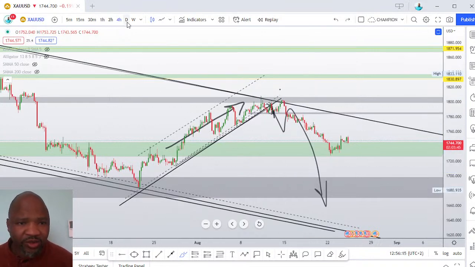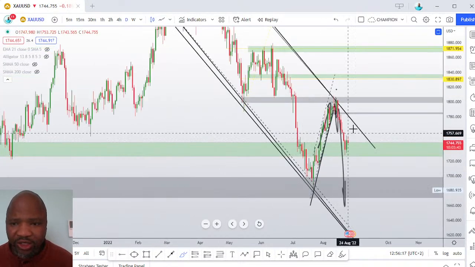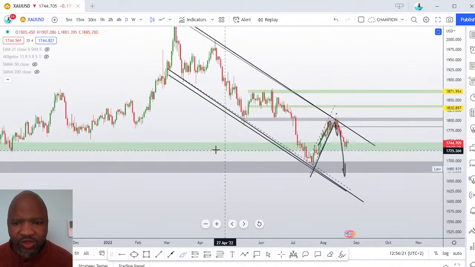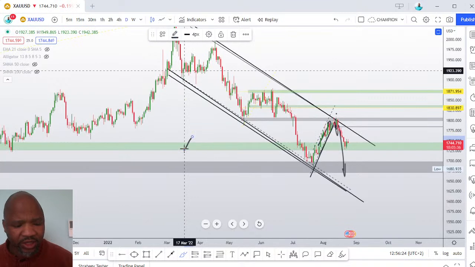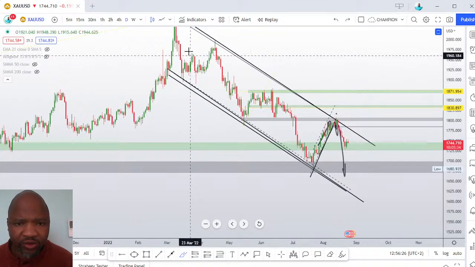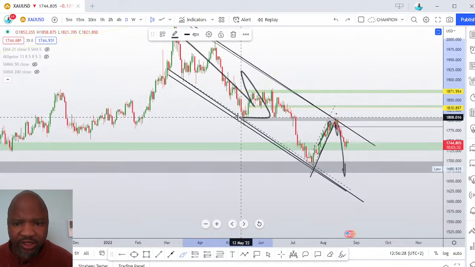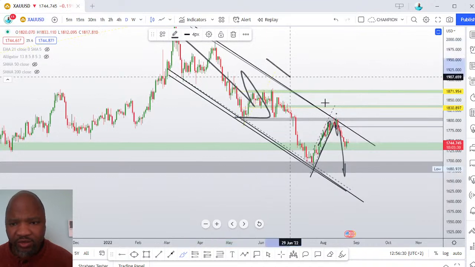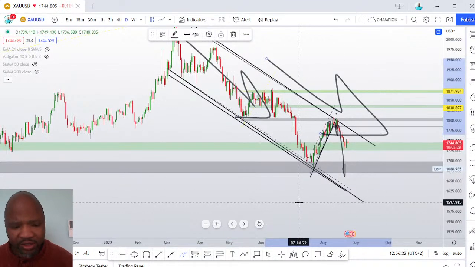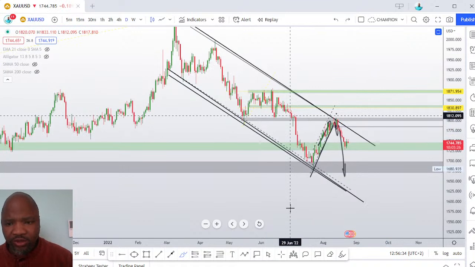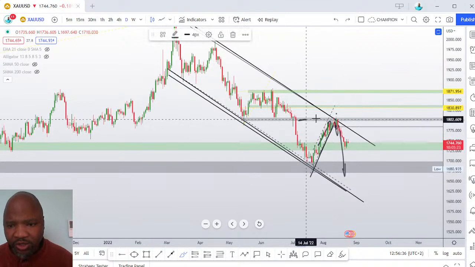Ladies and gentlemen, let's go to the daily time frame to check on our gold. As you can see, gold is still on that selling or bearish trend. I hope you can see this is bearish. The price didn't manage to break at this level.